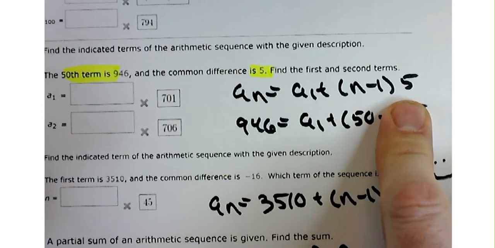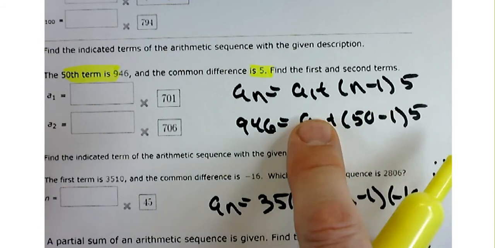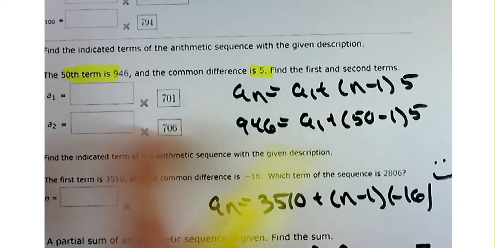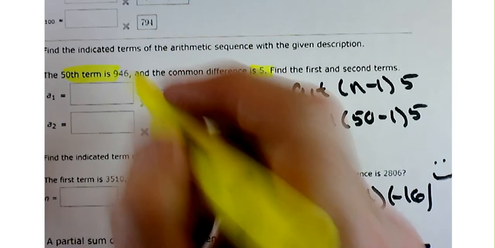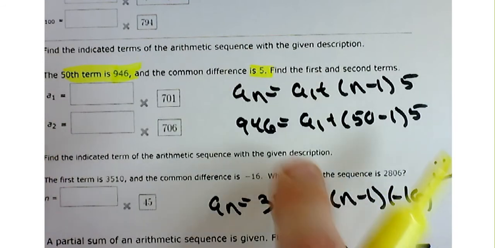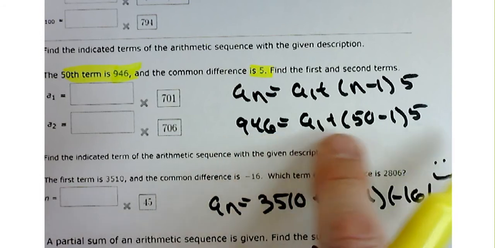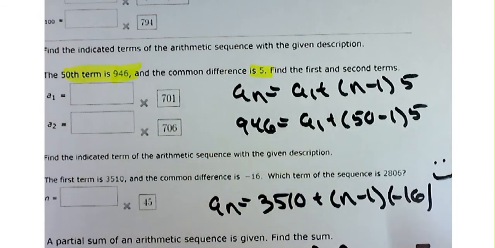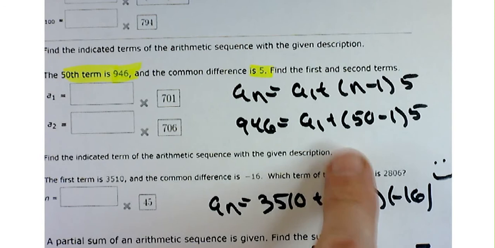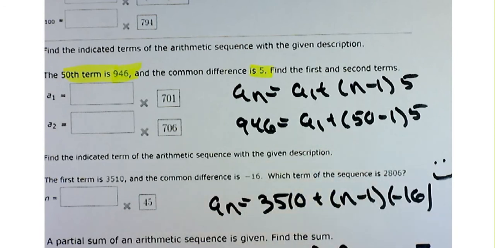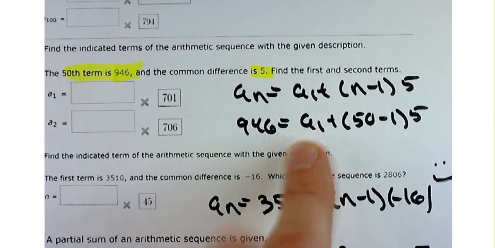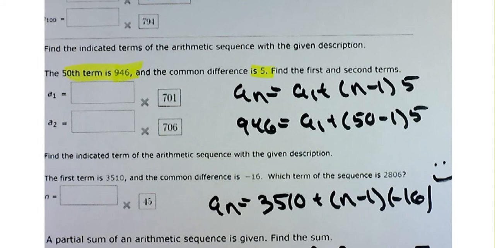So if the common difference is 5, let me put that in right away. And then I'm going to put in that the 50th term is 946. So that means 946 is a sub 1 plus 50 times n minus 1, or 50 minus 1. So if you solve there, you'll get a sub 1 is 701.